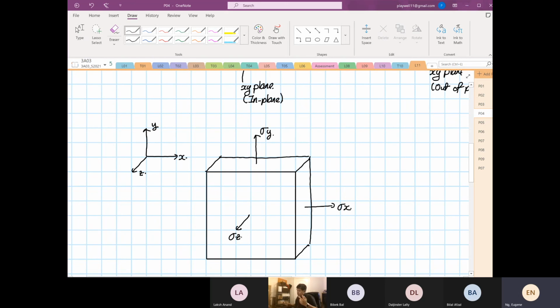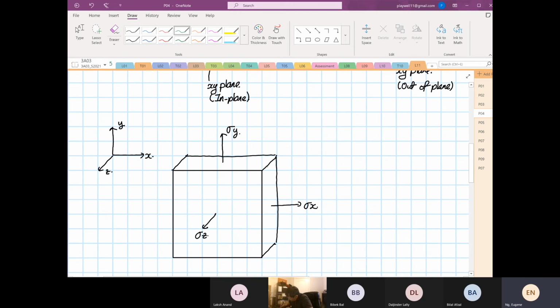And there's also shear. If I were to draw our shear direction, so this is shear, the intersecting plane is x, the direction is y. This is shear yx, so that's one shear component. The other shear component will be in this direction.